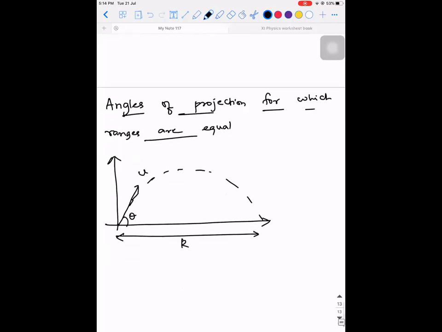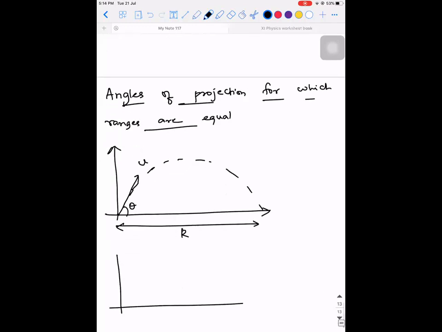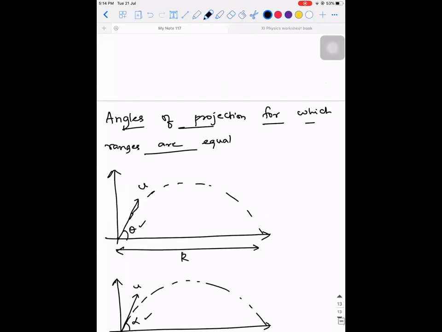With the same velocity of projection u, instead of theta, let us say there will be another angle alpha at which you project the particle, and it will hit the same range r. Now our work is to find the relation between theta and alpha. So that is what the meaning is. Angles of projection for which the ranges are equal. One important point to be noted here is initial velocity should be the same.